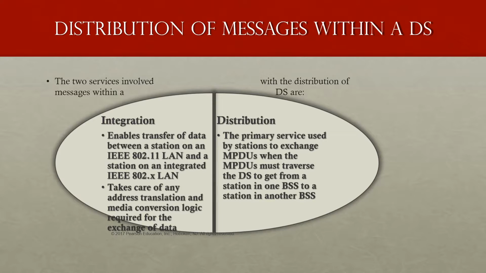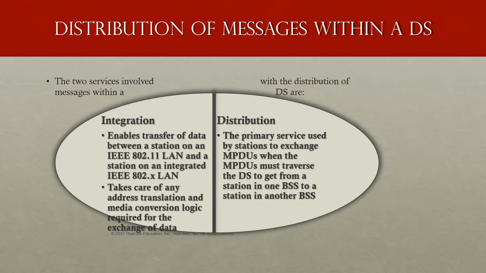For example, suppose a frame is to be sent from station 2, STA2, to station 7, STA7, as in figure 7.5. The frame is sent from STA2 to AP1, which is the AP for this BSS. The AP gives the frame to the DS, which has the job of directing the frame to the AP associated with STA7.